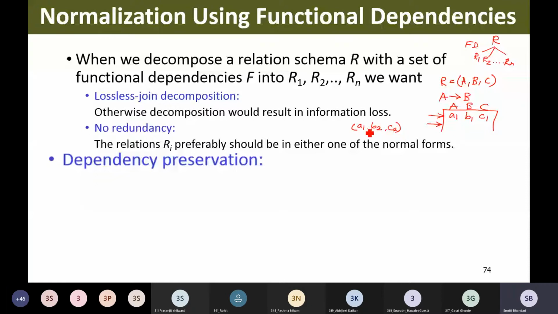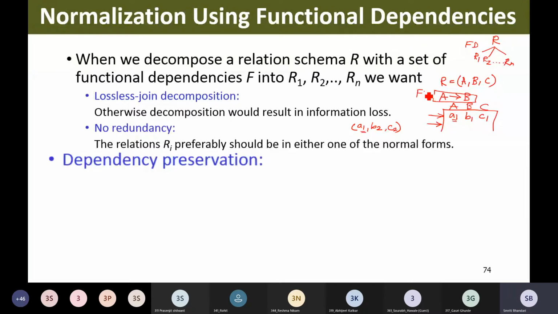So A1 is the value for A, B2 is the value for B, and C2 is the value for C. As we are having this functional dependency that is imposed, this is my constraint, right? So A must determine B. Whenever I'm inserting this tuple, my system will check the value of A. It is A1, right? And I'm having earlier a tuple with the value of A as A1. And for this tuple, I have inserted the value of B as B1.